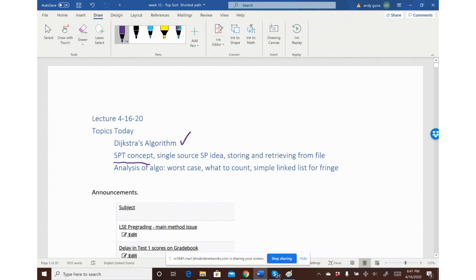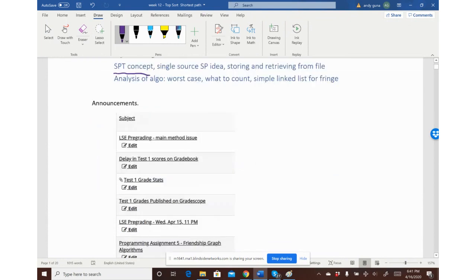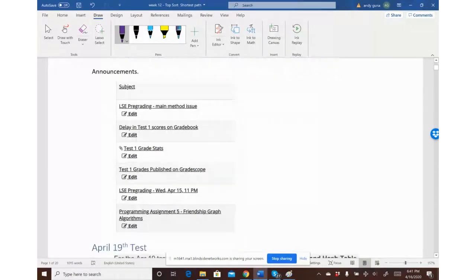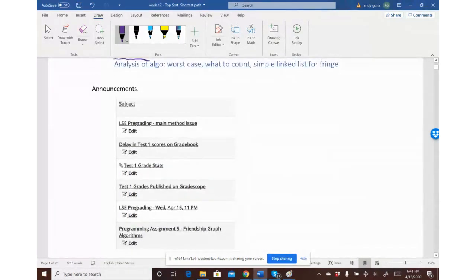First of all, I want to make sure you read these announcements. There's an announcement on the LSC pre-grading, some main method issues, so you should go and look at it.